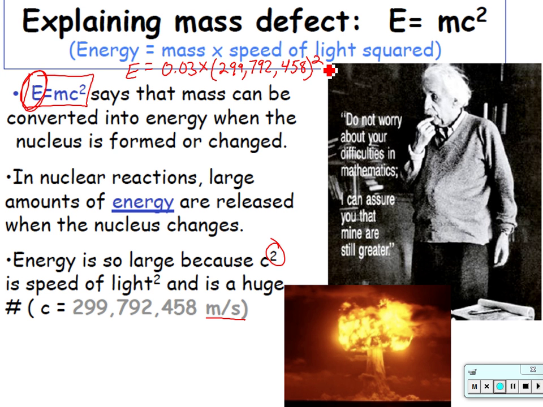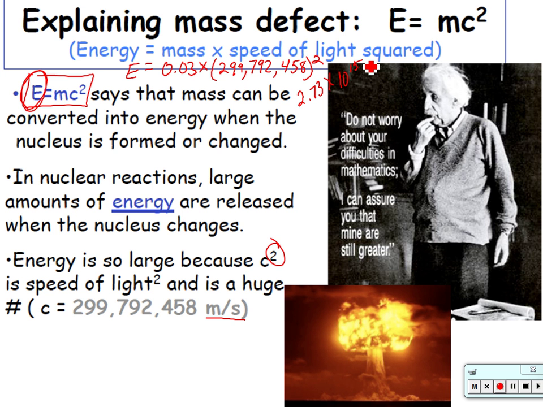So times it by it, do parentheses 299,792,458 parentheses squared. And I get some huge, gigantic number of 2.73 times 10 to the 15th for the energy.